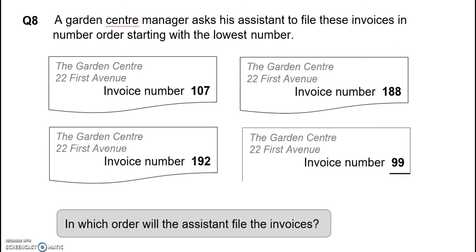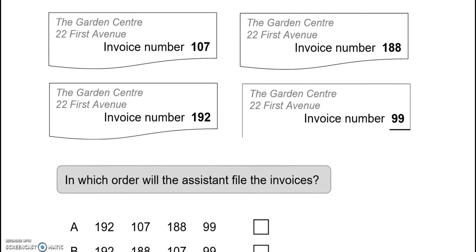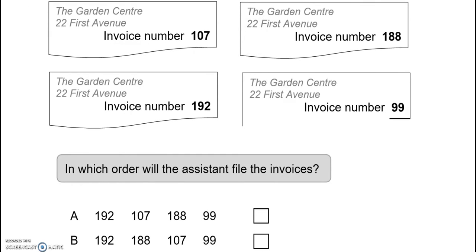Question number 8. A garden centre manager asks his assistant to file these invoices in number order starting with the lowest number. In which order will the assistant file the invoices? So we've got 107, 188, 192 and 99. So 99 is the smallest.